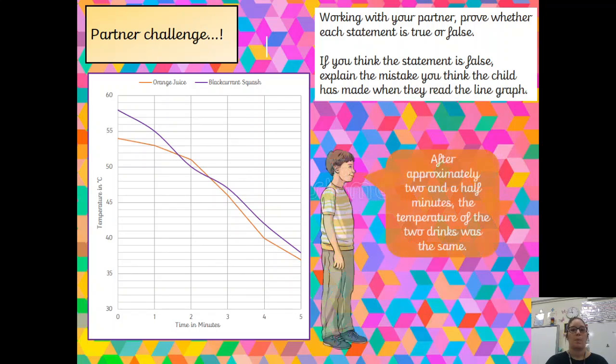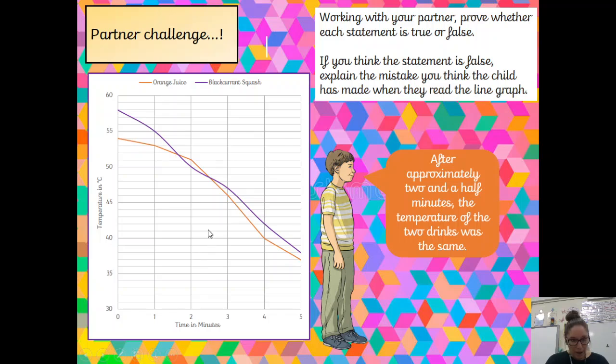After approximately 2.5 minutes, the temperature of the 2 drinks was the same. So this is where your ruler will come in handy when we're looking at line graphs. We haven't got a line to show us where 2.5 minutes is. Okay, we've got 2 minutes and we've got 3 minutes. So we're going to use our ruler.